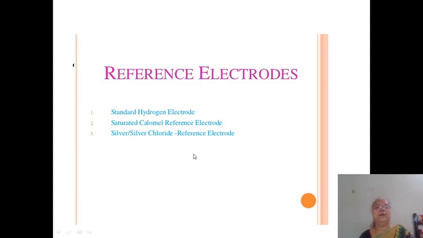These are used as reference electrodes. In addition, there is the quinhydrone electrode. For your syllabus, there are three electrodes for your study: the hydrogen electrode, the quinhydrone electrode, and the calomel electrode. You have to study them in detail.